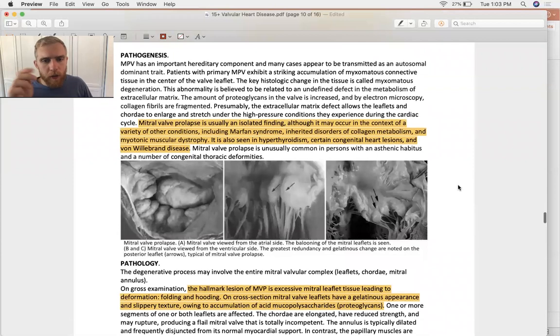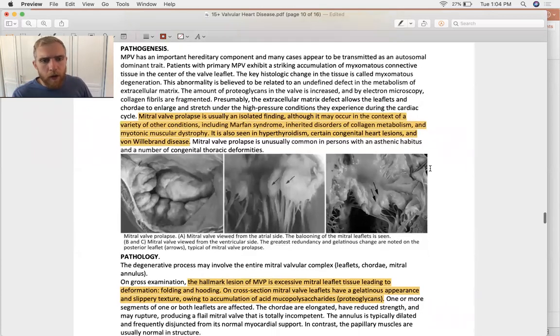So what we see is that usually it's an isolated finding, and it's usually subclinical, meaning that it takes a lot of growth, a lot of extra size on that valve for it to become clinically significant.